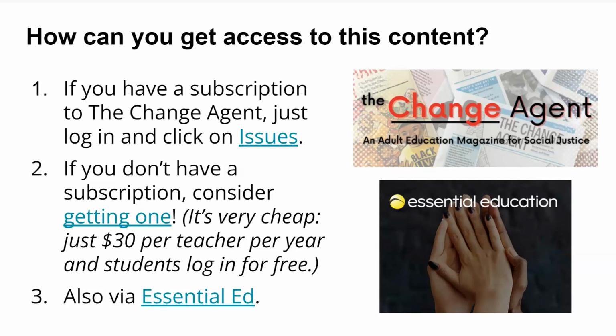One of the things that we have found is that in our own professional development, our Tuesdays with Essential Education, we brought in a lot of Change Agent information in those sessions as well, because many of the things that we've been talking about this year revolving around adult retention are about the things that keep our students going. That resilience, that perseverance, that ability to connect with their peers or people that are just like me.